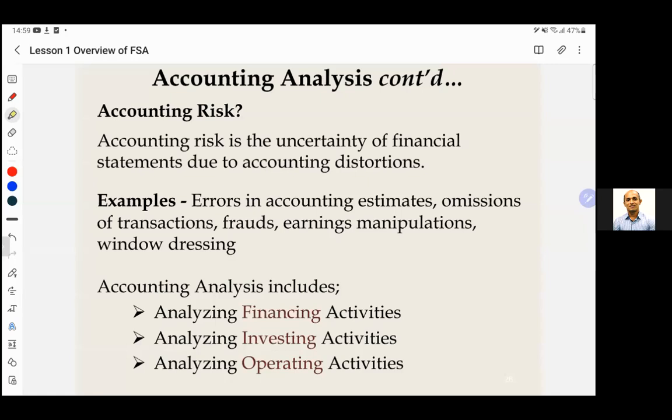We divided the accounting analysis task into 3 categories: analyzing financing activities, investing activities, and operating activities.